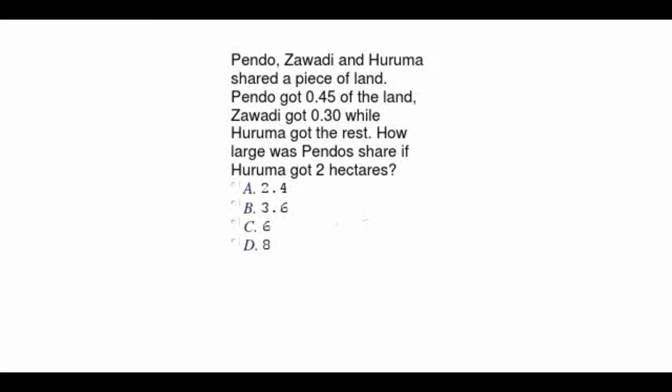Pendo, Zawadi, and Huruma shared a piece of land. Pendo got 0.45 of the land, Zawadi got 0.30, while Huruma got the rest. How large was Pendo's share if Huruma got 2 acres? So Pendo plus Zawadi plus Huruma should give us a total of 1. Since we are given in decimal points, it should give us 1.